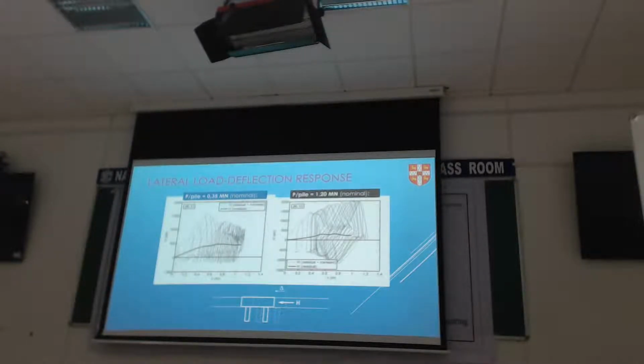So the dynamic component, as you can see here, is quite large. It's almost 1,500 kilonewtons, whereas this underlying static component only gets up to about 400 kilonewtons. This is when the pile is lightly loaded. Make the pile carry a lot more load axially.